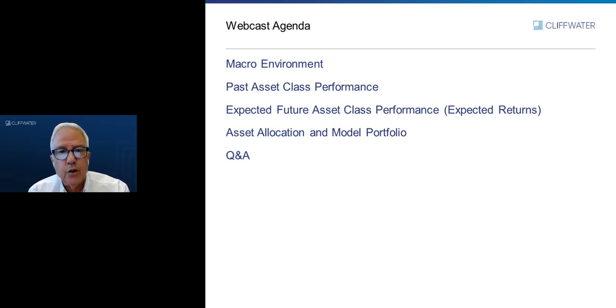And then switch gears and look forward, provide you with our expected asset class returns on a go-forward basis, and then finish up with asset allocation. And I'd like to talk about our model portfolio I introduced about a year and a half ago, and then take your questions.